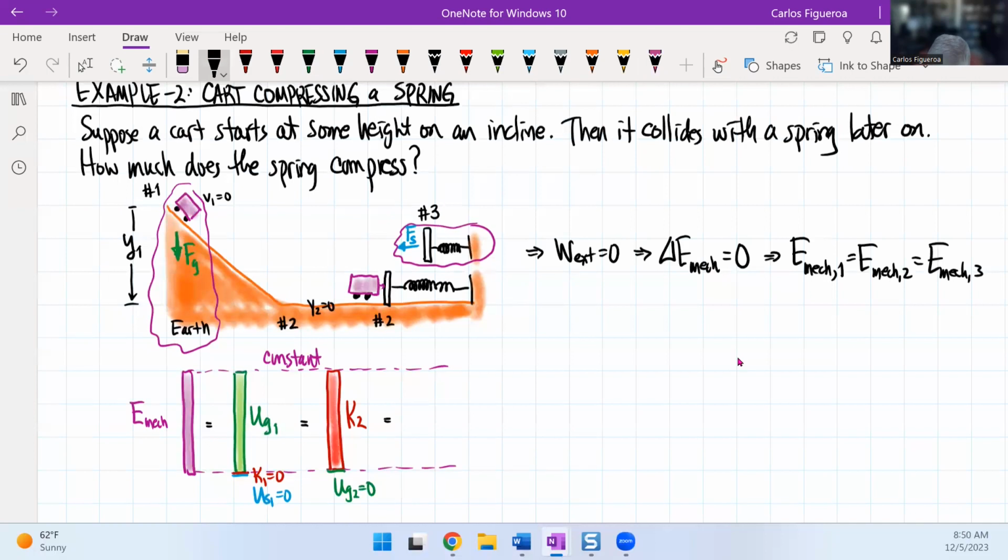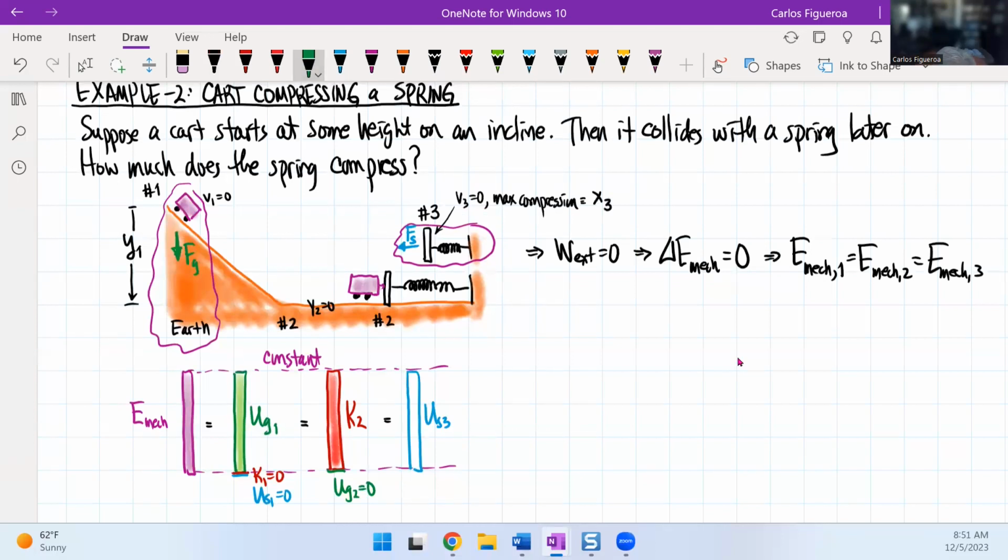Then after it compresses the spring, I would expect that all of the energy is spring potential at 3, because we expect that V3 will be 0 when you have max compression. And this max compression we're going to call X3.